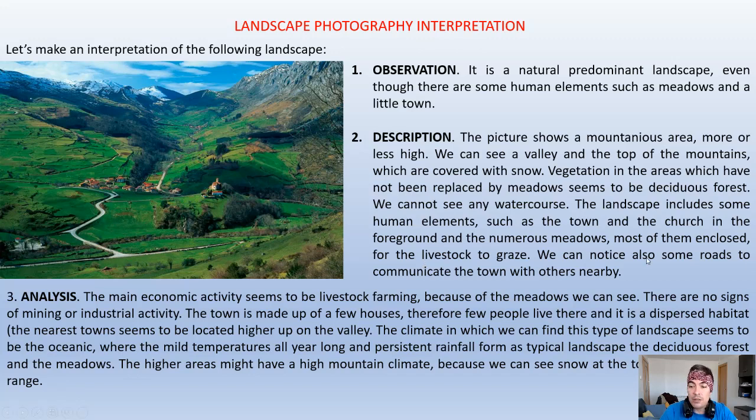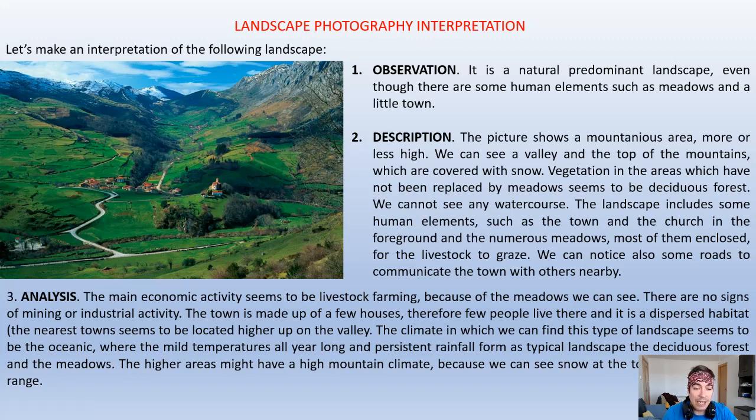We can notice also some roads, for example here and this one that goes through the valley, to communicate the town with others nearby. Here, for example, it might be another town, but I cannot be sure about it. So that's the description of what we see.